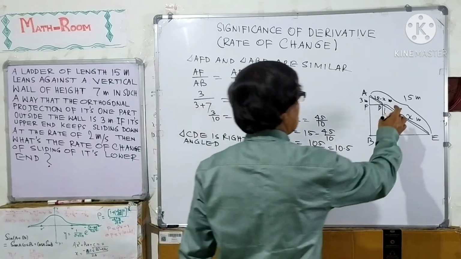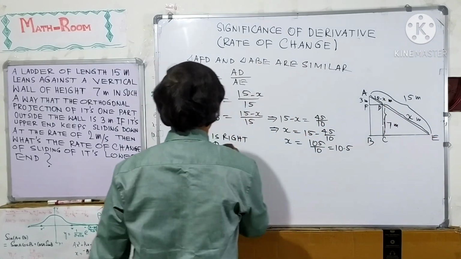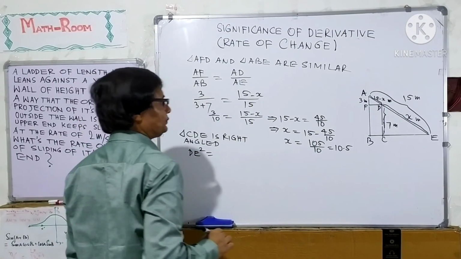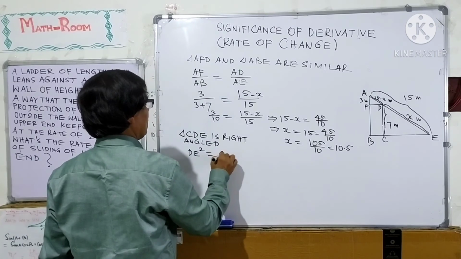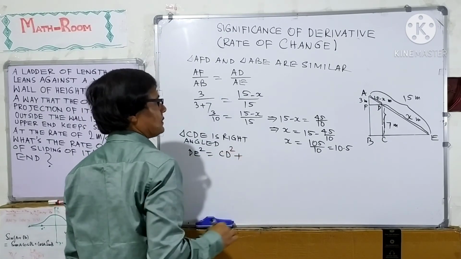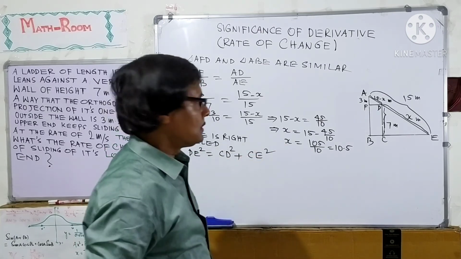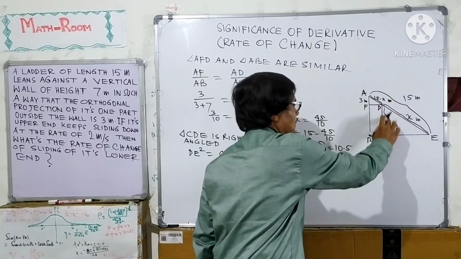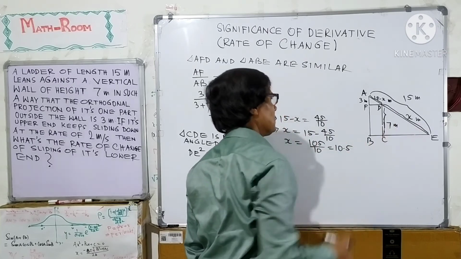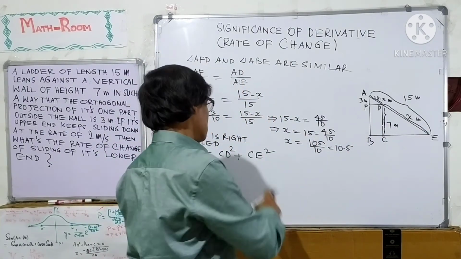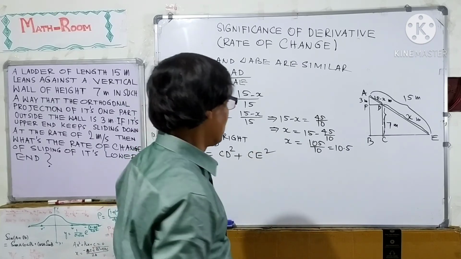The hypotenuse is here d. So d square equal to CD square plus C square. This is the hypotenuse, this is the perpendicular, this is the base. So hypotenuse square equal to the square of the base plus the square of the perpendicular.